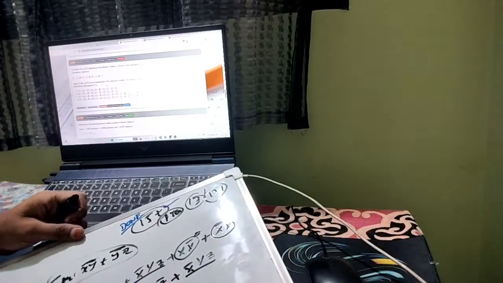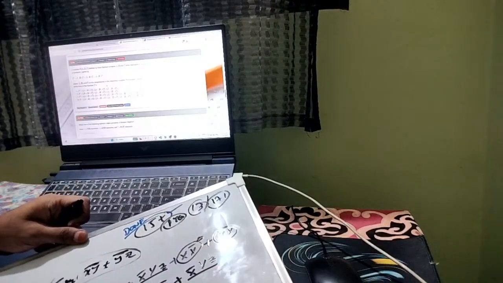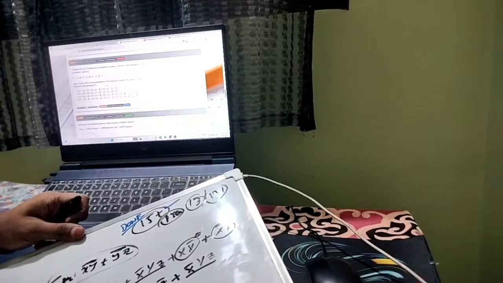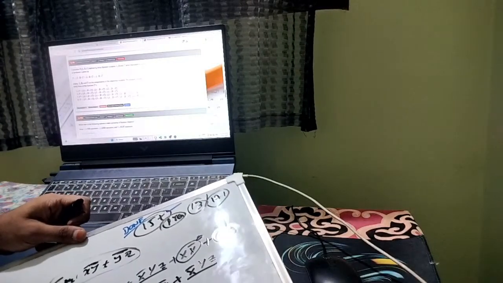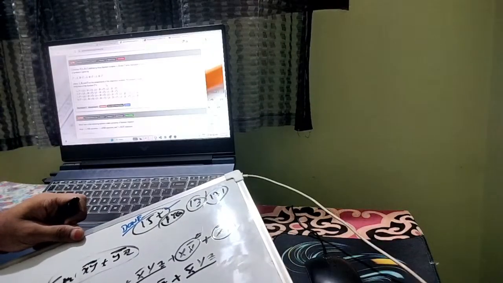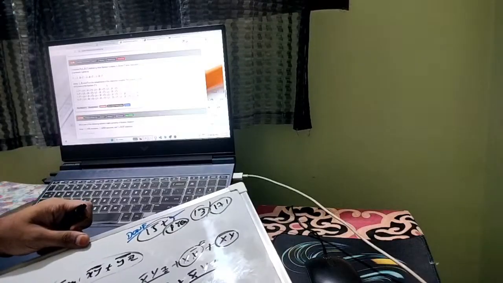If this is from 1, total with x, y, z, 3 variables, it becomes 2 power 3, total 8 terms. Next, 0 to 7 will be the numbers. So the min terms contain only 0 and 1. So the max terms, pi of m, will contain the rest of this.